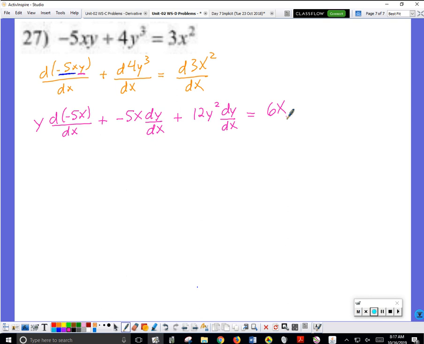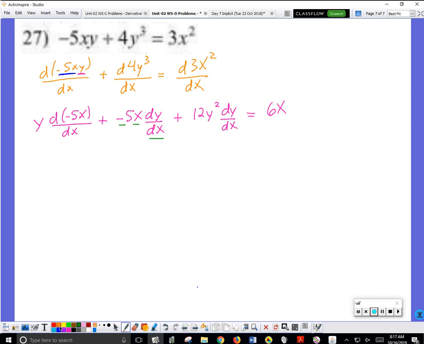Do you need parentheses on the negative 5x dy again? Right here? Yeah, it's a negative. Wouldn't hurt anything. It's not required because when we have factors written side by side, that indicates multiplication. We're okay.